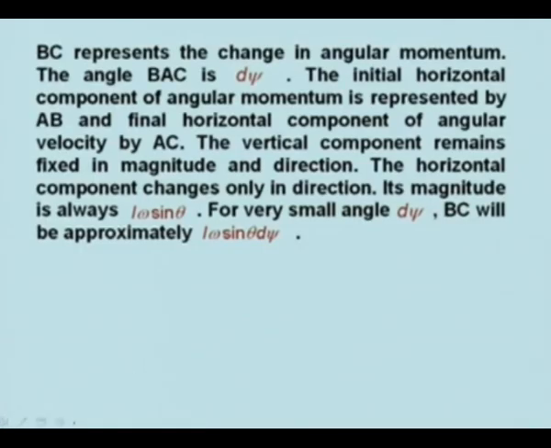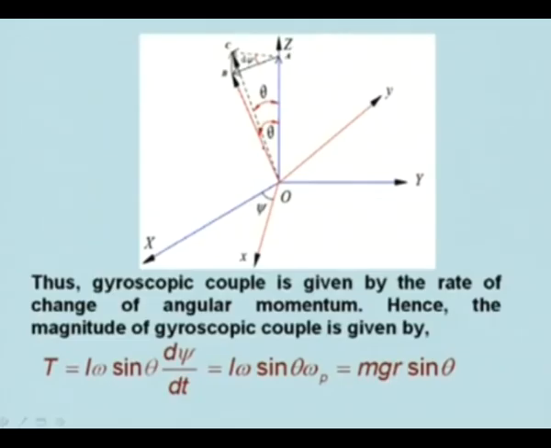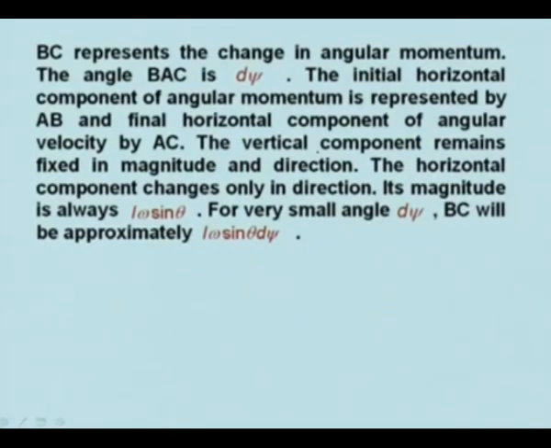The angle BAC is d psi. The initial horizontal component of angular momentum is represented by AB, and the final horizontal component by AC. The vertical component remains fixed in magnitude and direction.